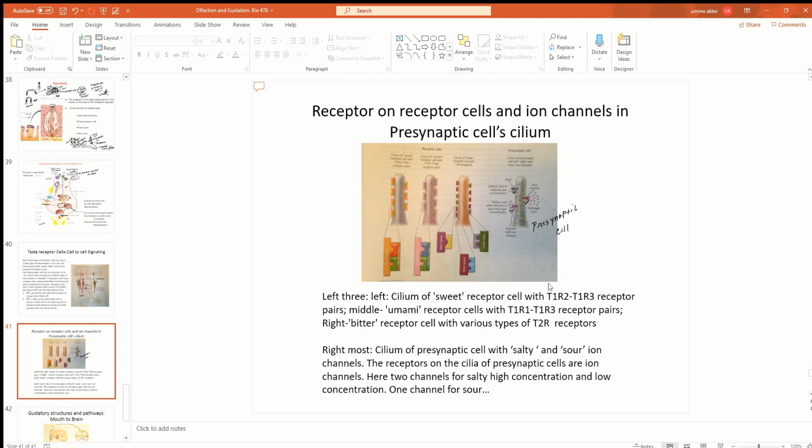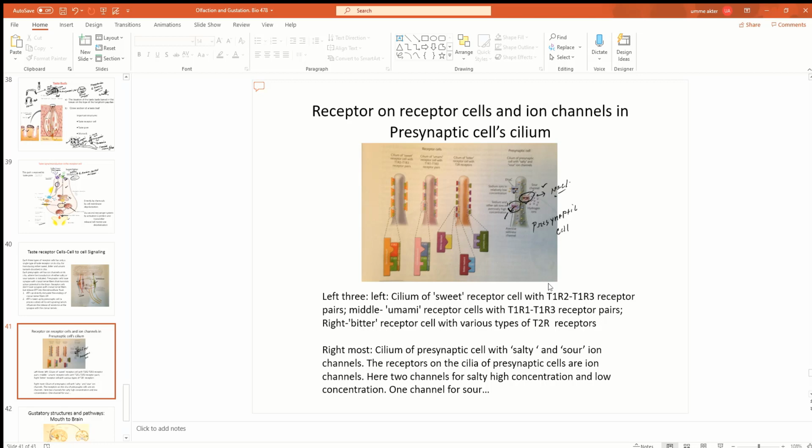There are two different types of salty channels here. You see here, this is one and this is another. One is for sodium chloride, that we enjoy the salty taste, right? This is one type.